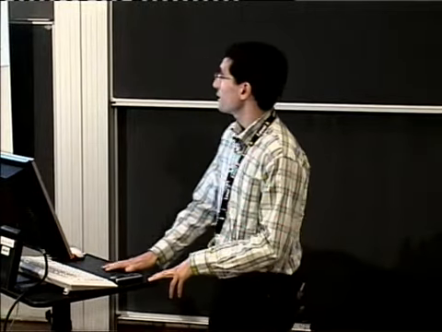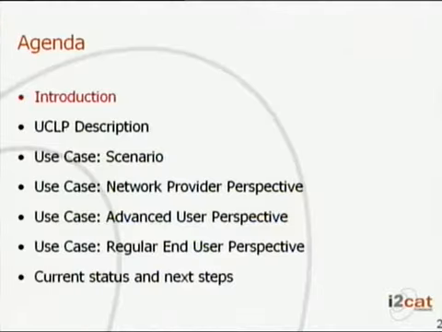So a little bit of the agenda. First of all, an introduction and a high-level UCLP description, just to clarify some terms. Then I'll try to depict the UCLP functionality through a use case, the deployment and use of UCLP in the GÉANT2 and Rediris scenario.